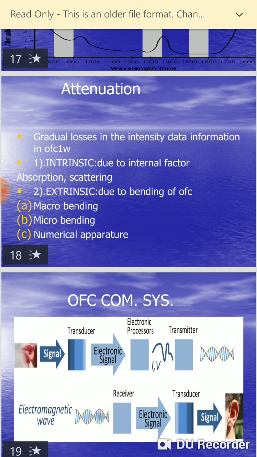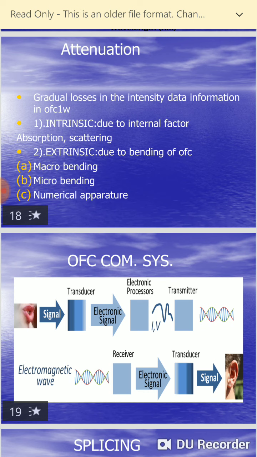So initially voice signal is generated, after that the transducer is used, the transducer which will convert the sound in the form of electronic signal, because the optical source can accept the signal only in the form of electrical signal.